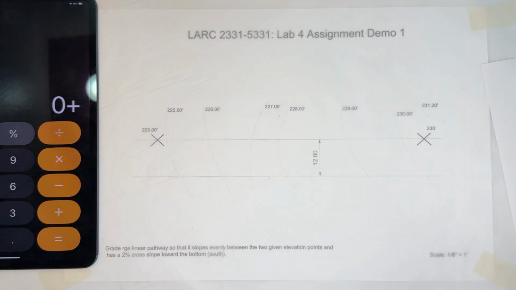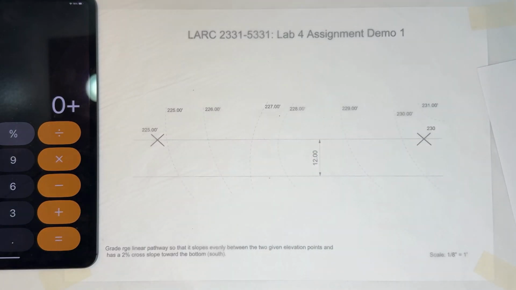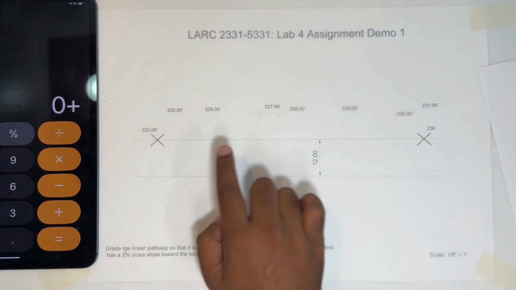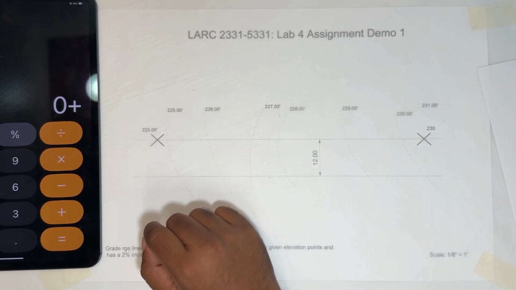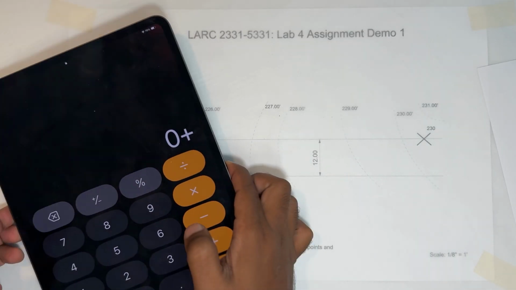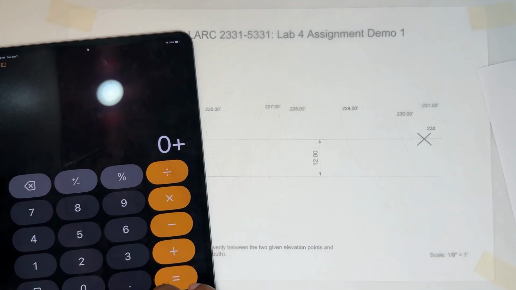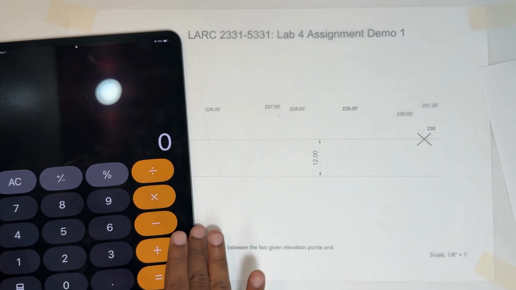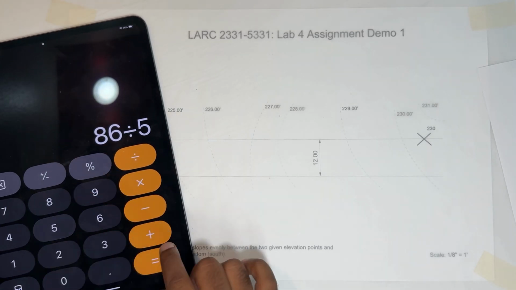So that is great. Now the total elevation difference was 5 feet. So how much horizontal distance do we have between 1 foot contour elevations? Let's calculate that. 86 divided by 5.